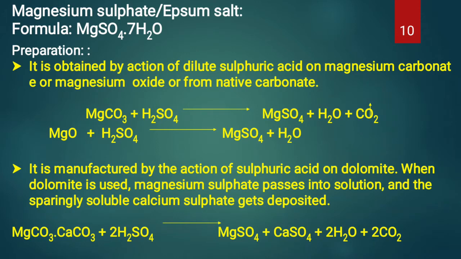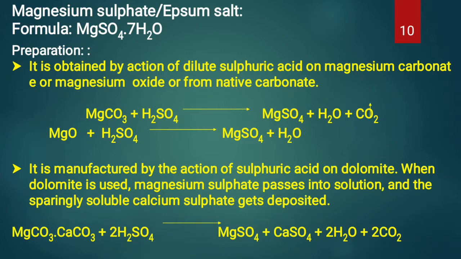Magnesium sulfate is obtained by the action of dilute sulfuric acid on magnesium carbonate or magnesium oxide, or from native carbonate. In the reaction, MgCO3 reacts with sulfuric acid to give magnesium sulfate and water, and carbon dioxide is evolved.